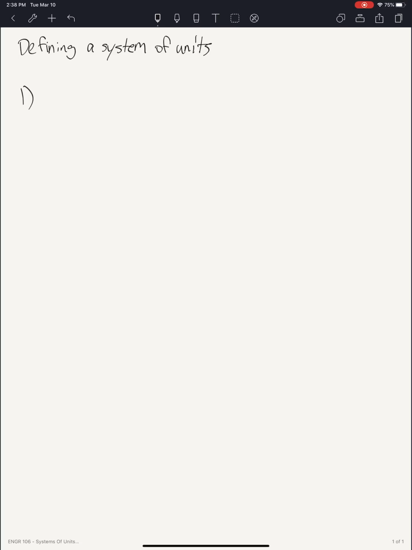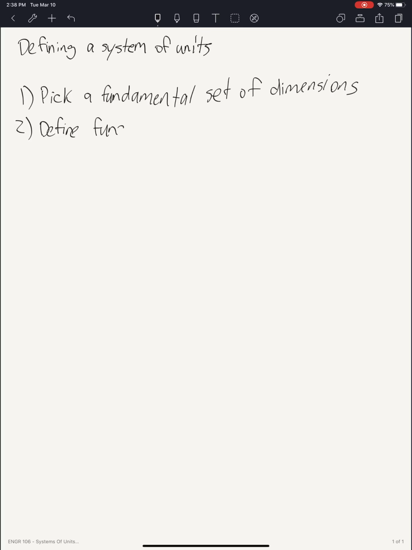So the first thing is pick a fundamental set of dimensions. Step 2 is define fundamental units for that set, for each fundamental dimension.